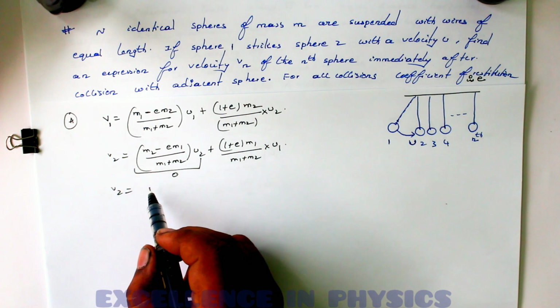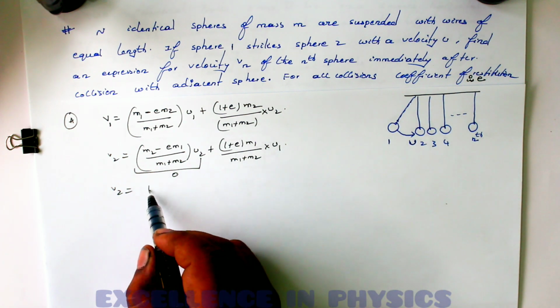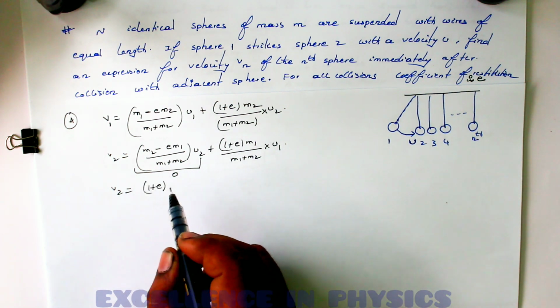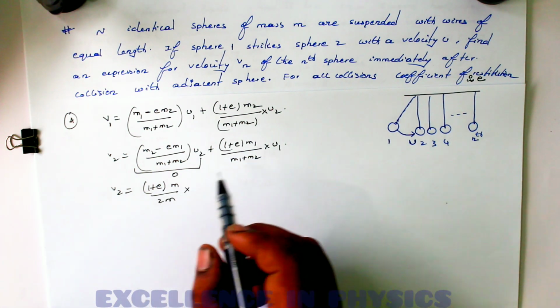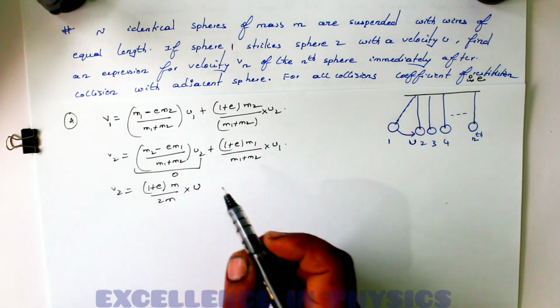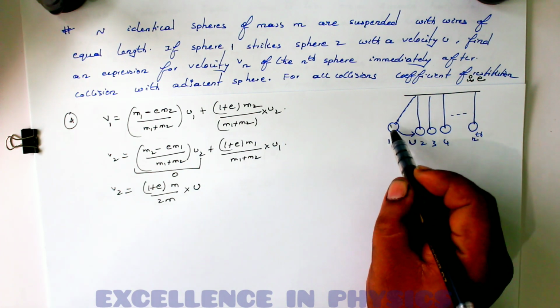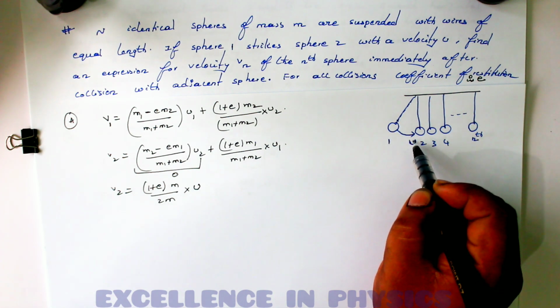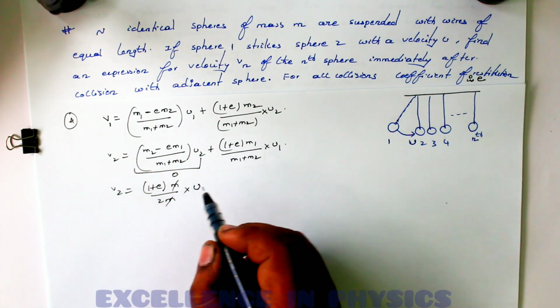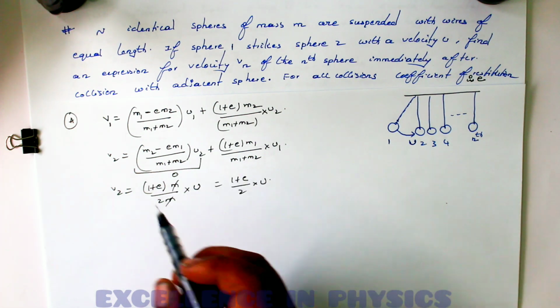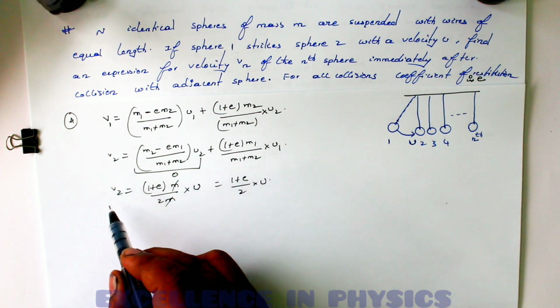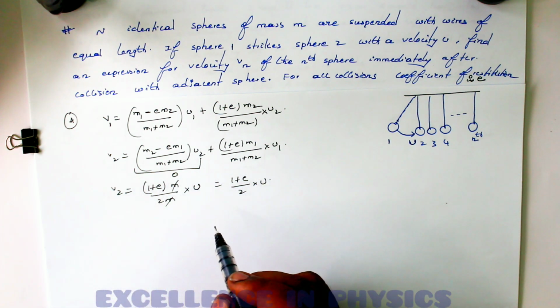Therefore this equation will become (1 plus e) into m divided by 2m into u1. u1 is nothing but u, because the initial velocity of the first sphere before collision was u. So m and m get cancelled, giving (1 plus e) by 2 into u. This is the final velocity of the second ball after the first collision.